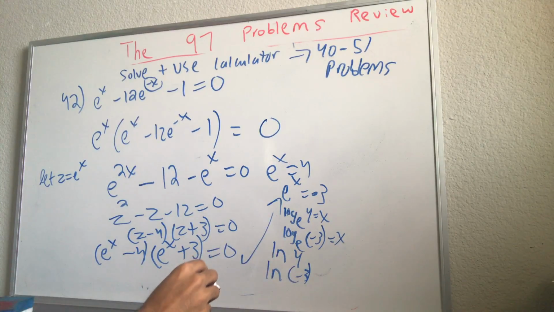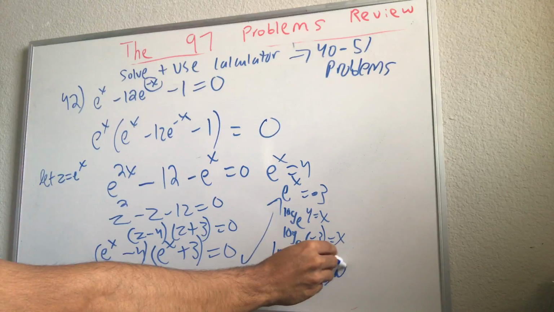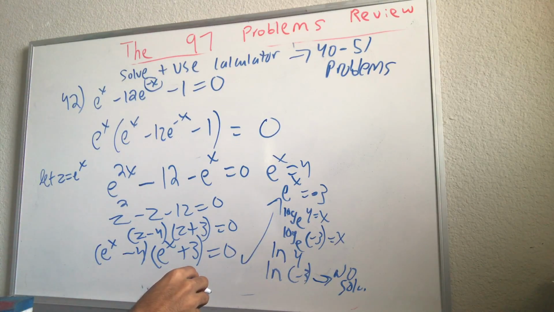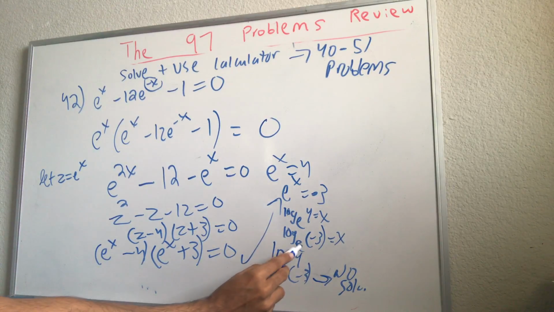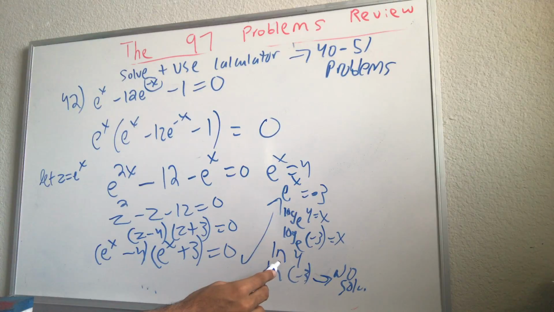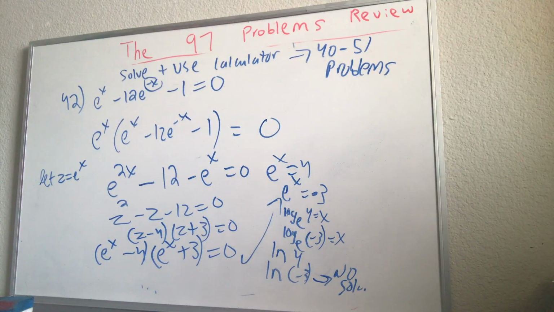Now, if you want to evaluate ln of negative 3, there is no solution. And that makes sense. There won't be any solution if you were to evaluate ln of negative 3. And again, the reason is, is it ever possible for you to say that e to the power of x is equal to negative 3? Well, no matter what exponent you have, for any exponent or any base, when you have that exponential function, you will never get a negative value.